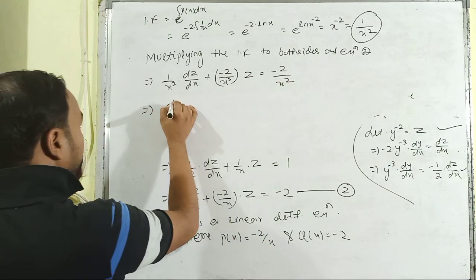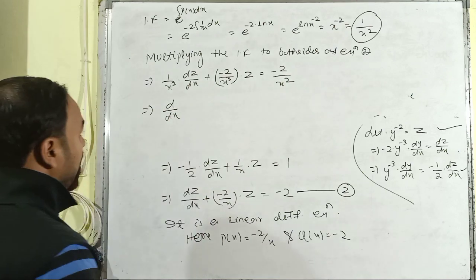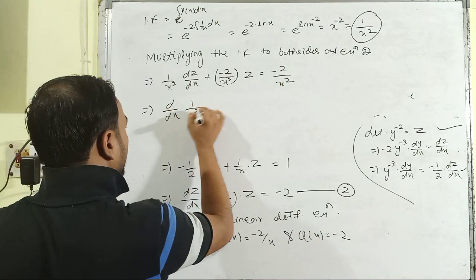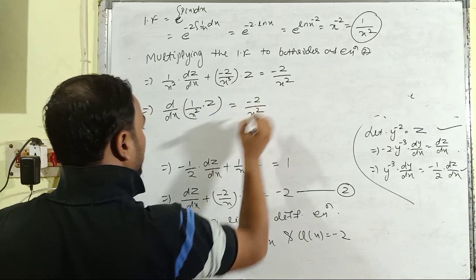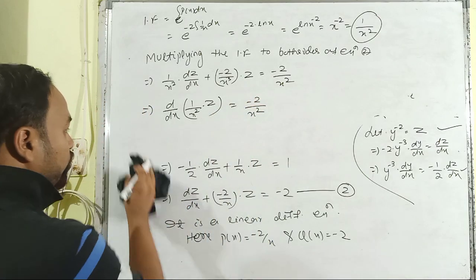Then it will be the differentiation of the product of 1/x^2 multiplied with z, and it is -2/x^2. Then we have to integrate both sides.